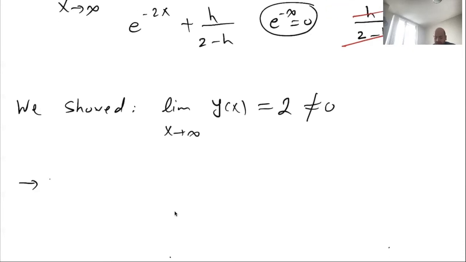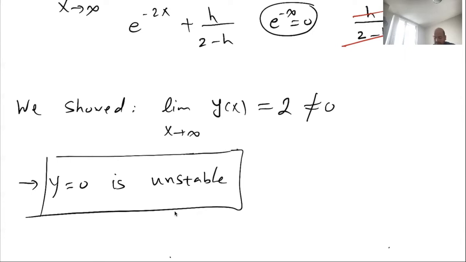So that means y equals 0 is unstable. Because if y equals 0 was stable, the limit of y of x as x goes to infinity must have been still 0. But it's not 0, so y equals 0 is unstable.